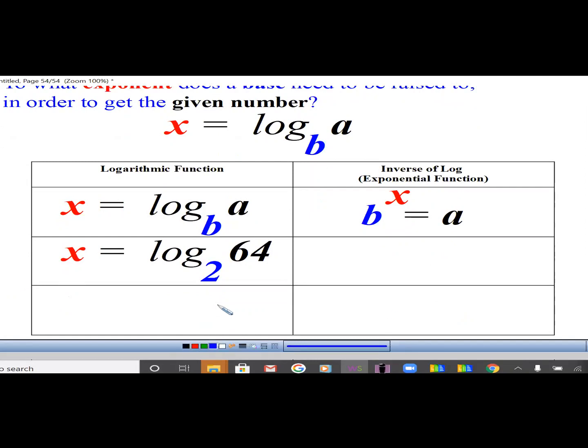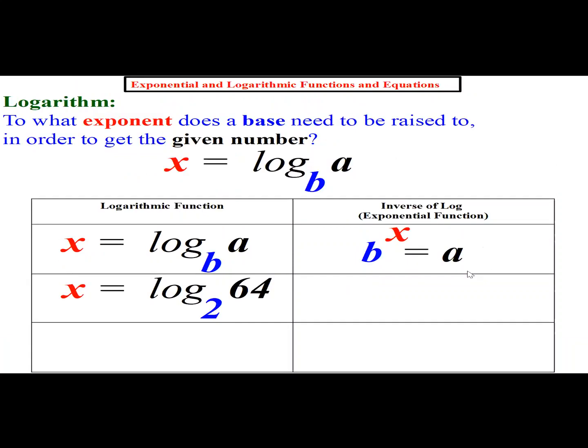What's our base? Our base is 2. What's our exponent? X. And what is the given number? The given number is 64. You're like, oh, okay, I think I got it, Mr. Q. Okay, well, let's see if you can do this next one by yourself. X equals log subscript 5 of 125.